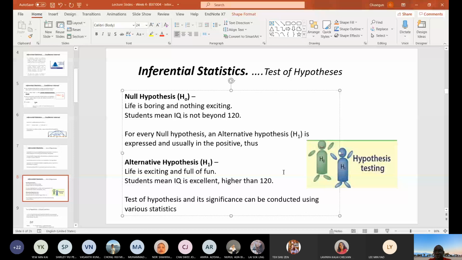I can collect data from the sample or from the entire population if it is not too big, and I slot it into my analysis, and my analysis can tell me whether the IQ is excellent or not. Which one do I reject or which one do I accept?